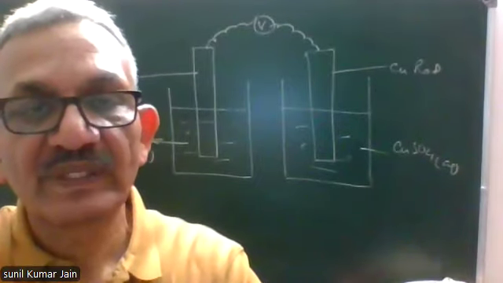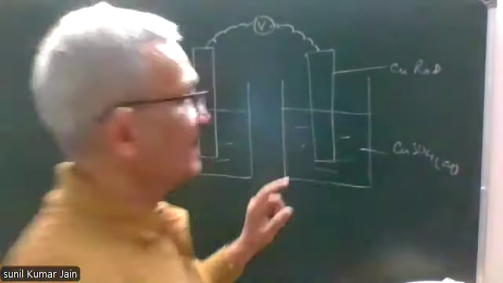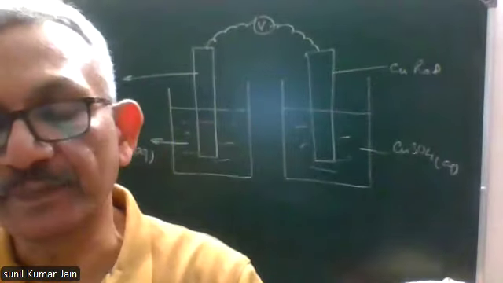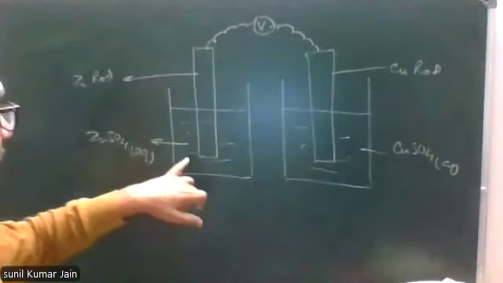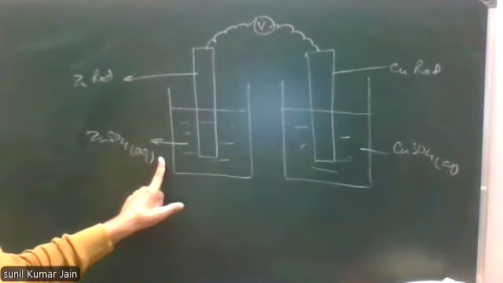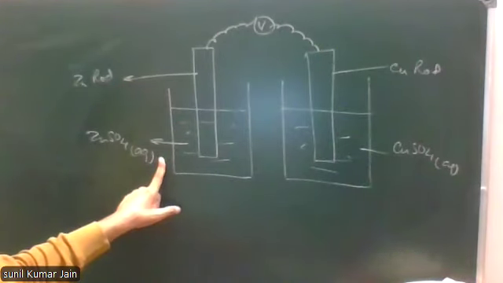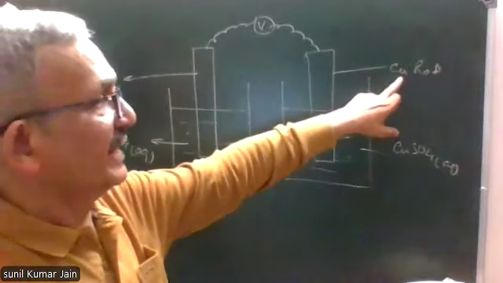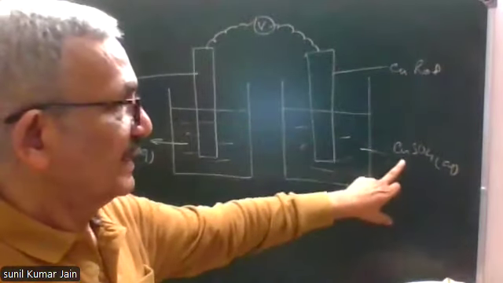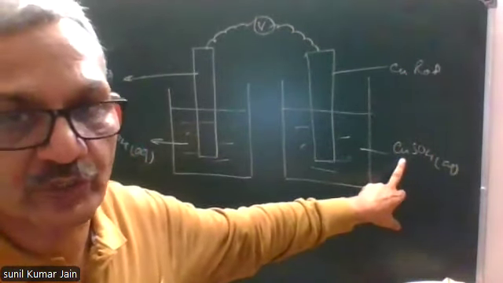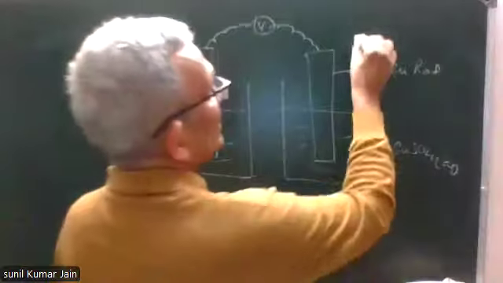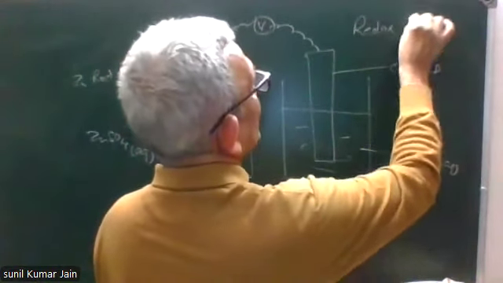Consider the Daniel cell. It consists of a zinc rod dipped in zinc sulfate solution and a copper rod in copper sulfate solution, which are called redox couples.